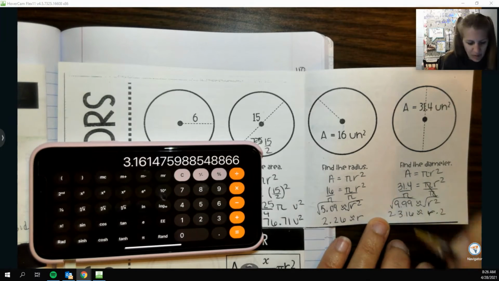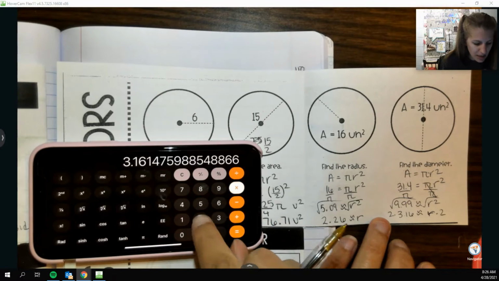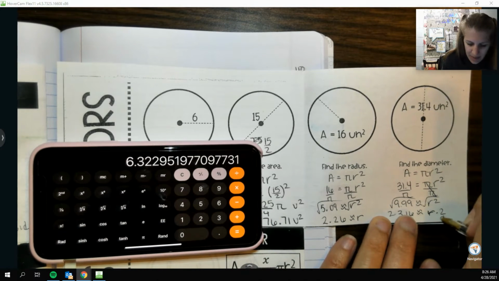So I'm just going to times both things by 2, or just take this whole thing and double it. And so now I can see that the diameter is approximately 6.32.